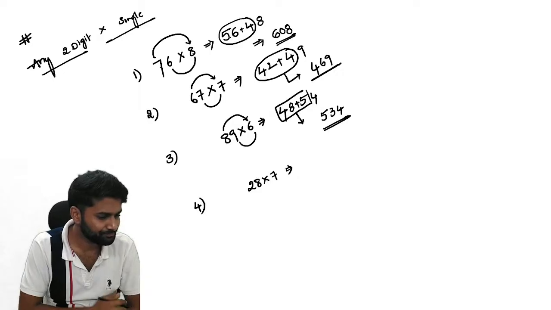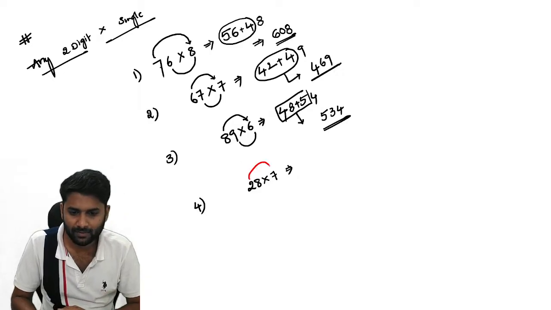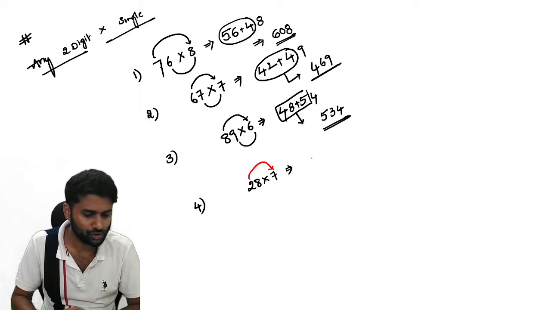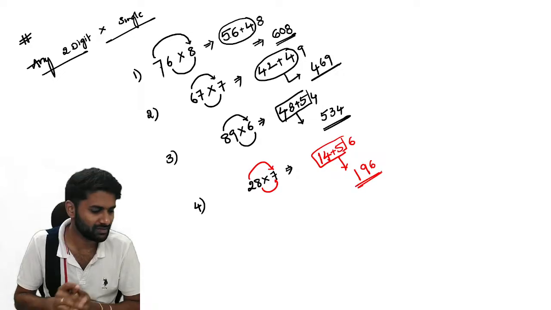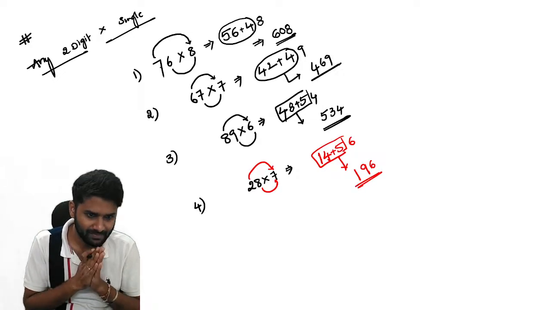What is the answer? Now see, step number 1, multiply these two numbers. 2 into 7 is 14. 7 into 8 is 56. I told you to add these two numbers. 14 plus 5 is 19, and write down the 6 as it is. So the answer is 196. Is it clear?